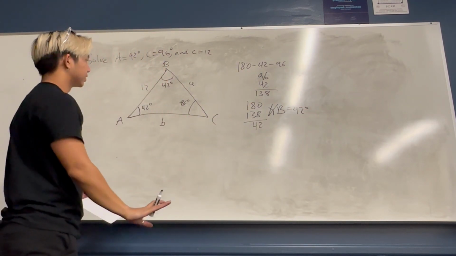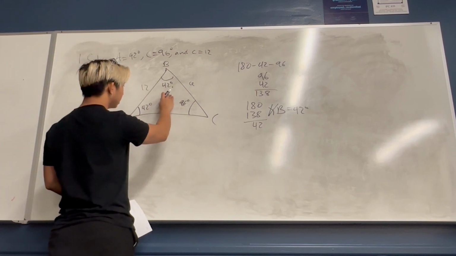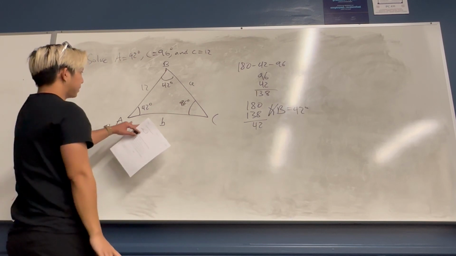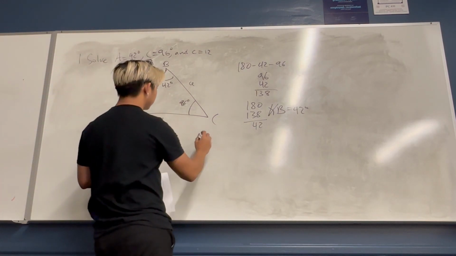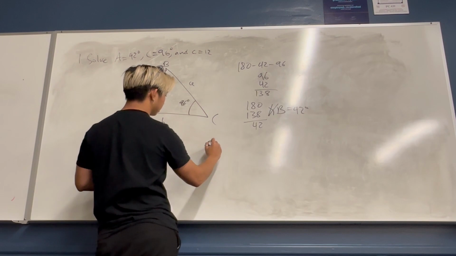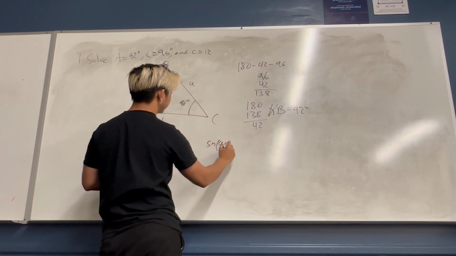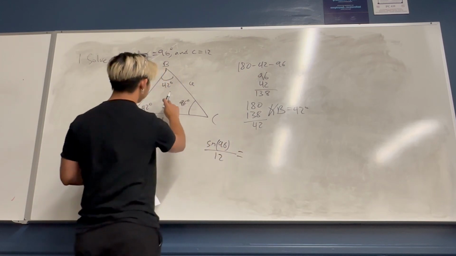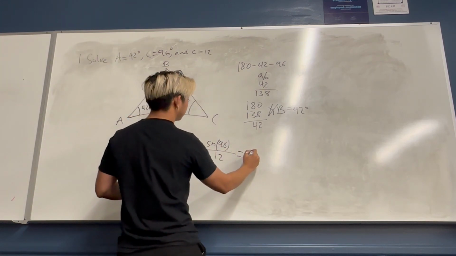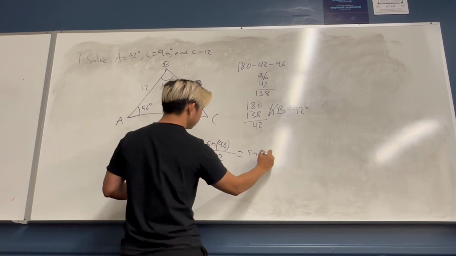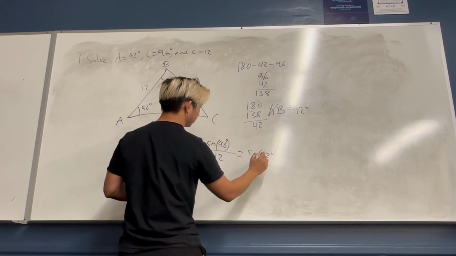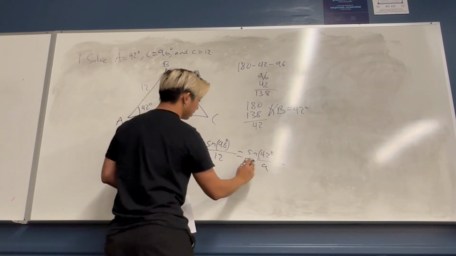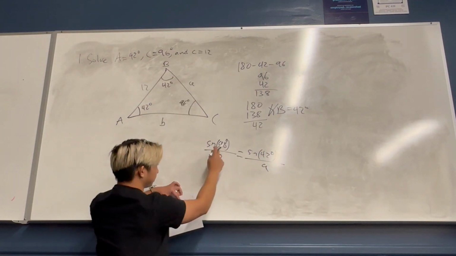Now we can use law of sines, right? Because now we know all the angles, and we know one side. So let's start off with angle A, because that's what they gave us. So let's set it up: sine of 96 over little c, so 12, equal to, now we do angle A, sine of 42 degrees over A. Now we cross multiply here.